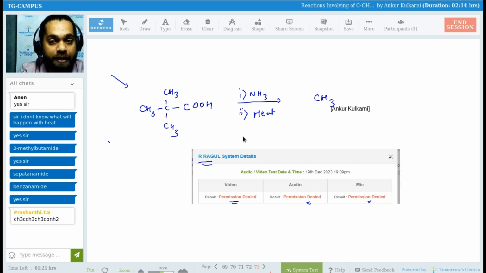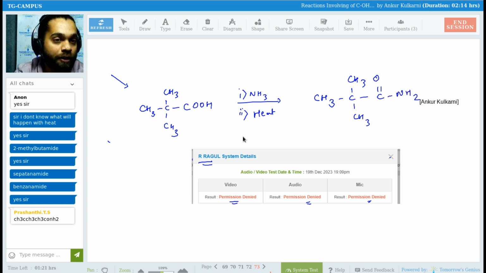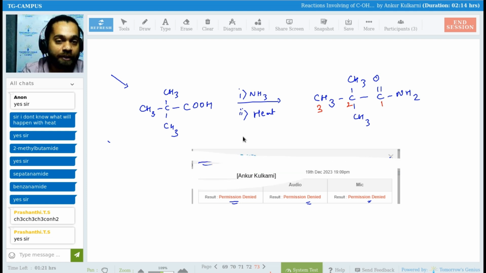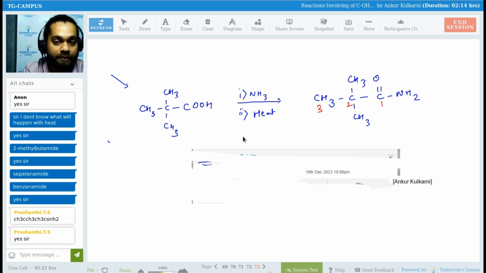I know you got the structure, that is CH3, C, CH3, CH3, C, O, NH2. Correct? So, Bhuvaneshwari, this is 1, 2, 3. Why is it that difficult to name it?